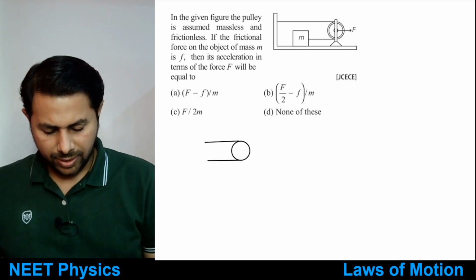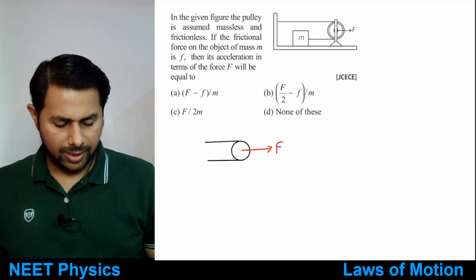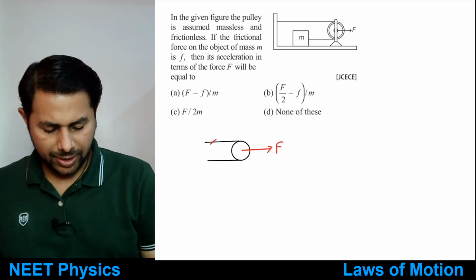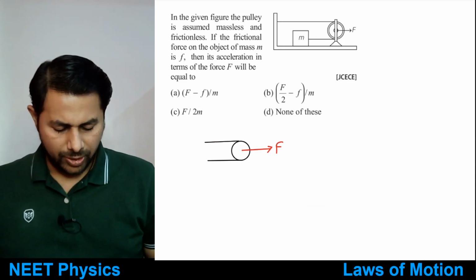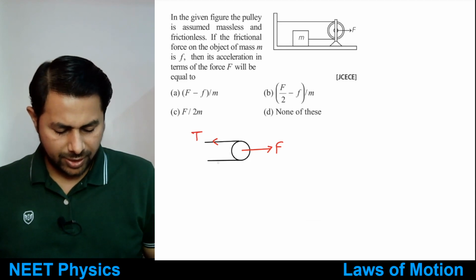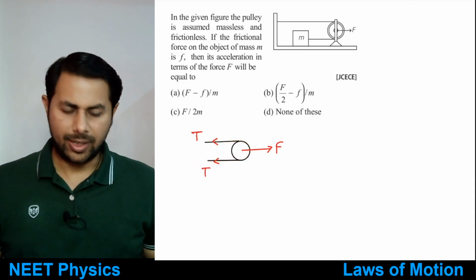There is some force F acting in this direction, and there will be tension in the string which is passing over the pulley. So tension is T and T, both in the same direction.